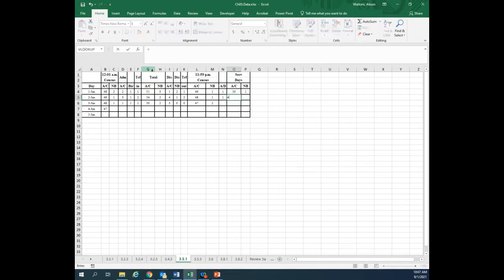So therefore, equal this number plus admitted discharged on the same day. So it's 49. Honestly, I could have just clicked here, grabbed my fill handle and dragged it down, and it adjusted the formula relative to the row. Same thing here, and so on.